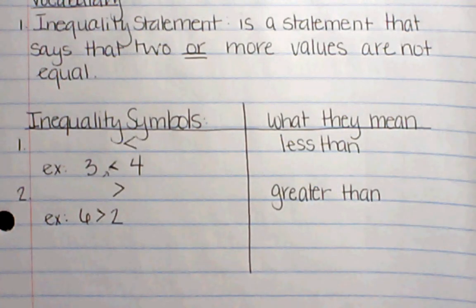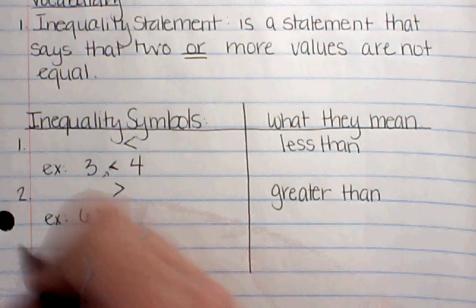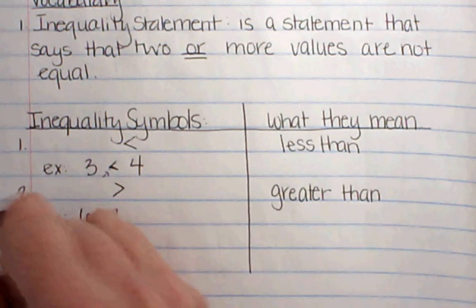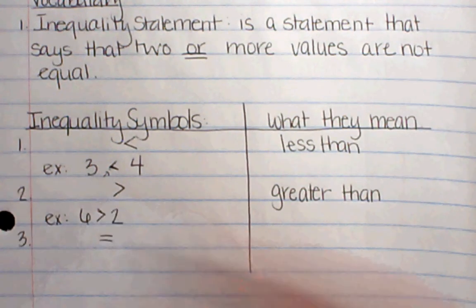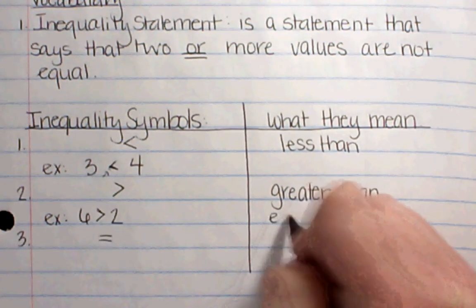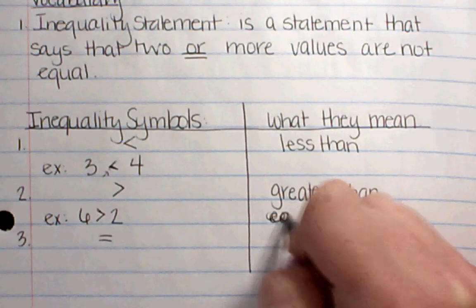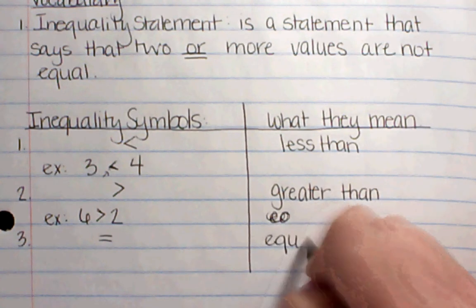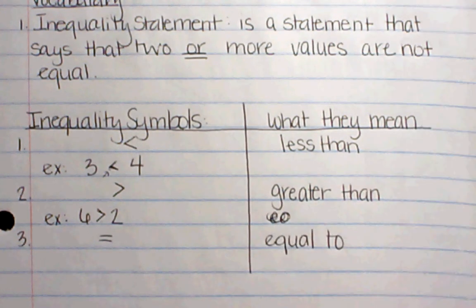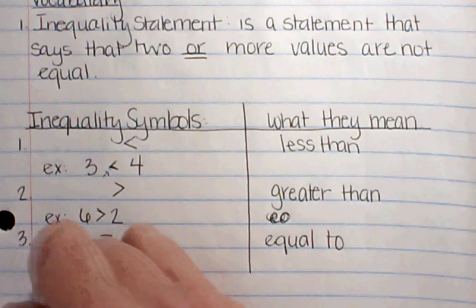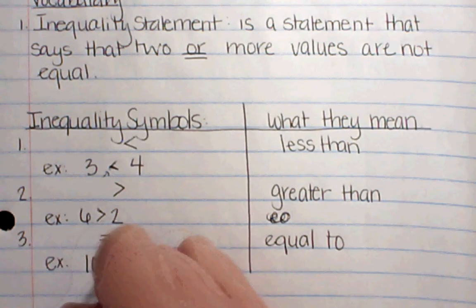There are a couple others. Sometimes you'll be given this one, and this is super simple. This one means equal to. Oops, I wrote that on the wrong line. Equal to. So for your example, 10 is equal to 10.